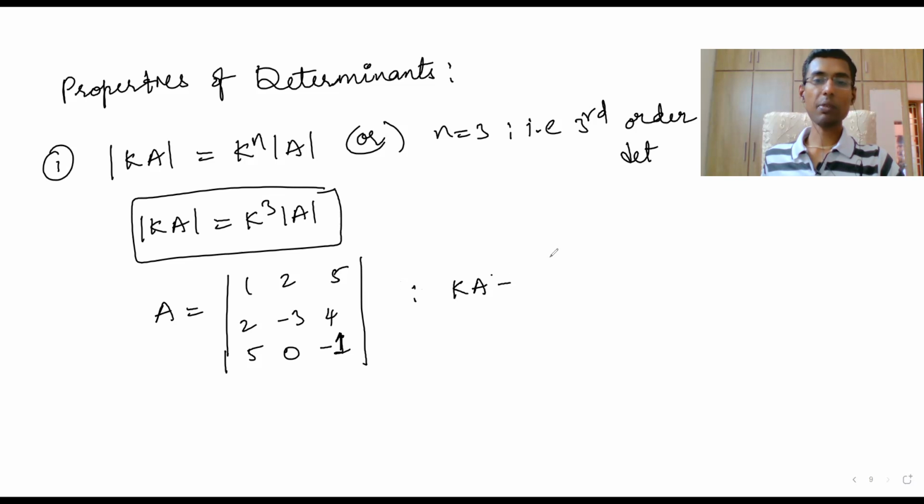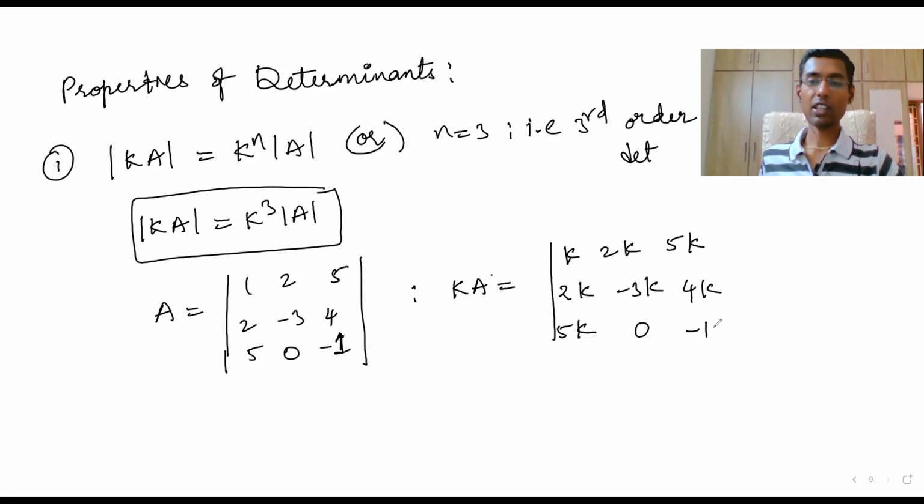You tell me. When you multiply a matrix by k, you have to multiply each element. So that is k, 2k, 5k; 2k, minus 3k, 4k; and 5k, 0k, and minus 1k. This is matrix multiplication by k.